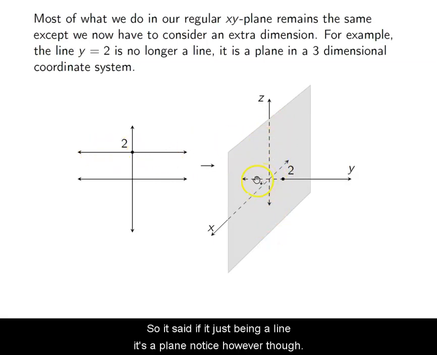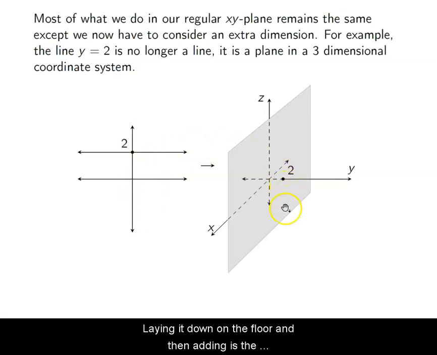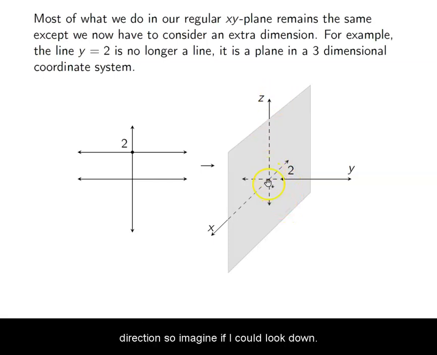Notice, however, remember what we talked about for the xy plane, right? With my xy plane, I'm thinking about this as me laying it down on the floor and then adding a z direction. So imagine if I could look down onto the xy plane. I would see just a line, this line, right?